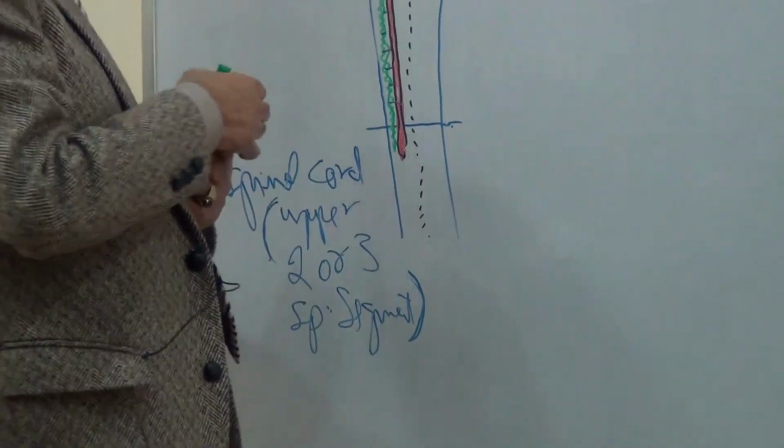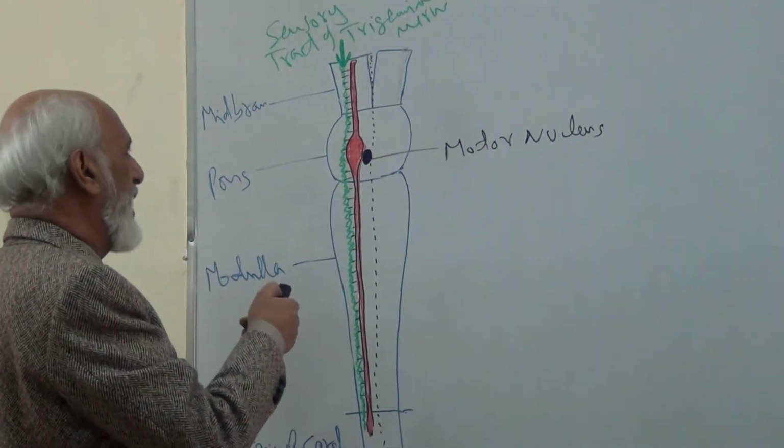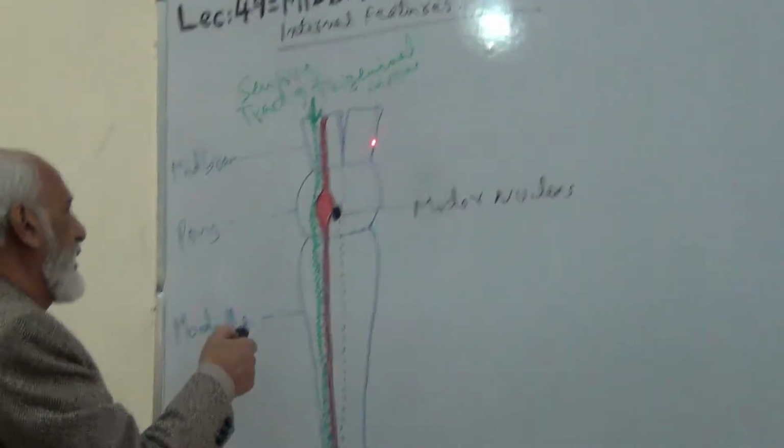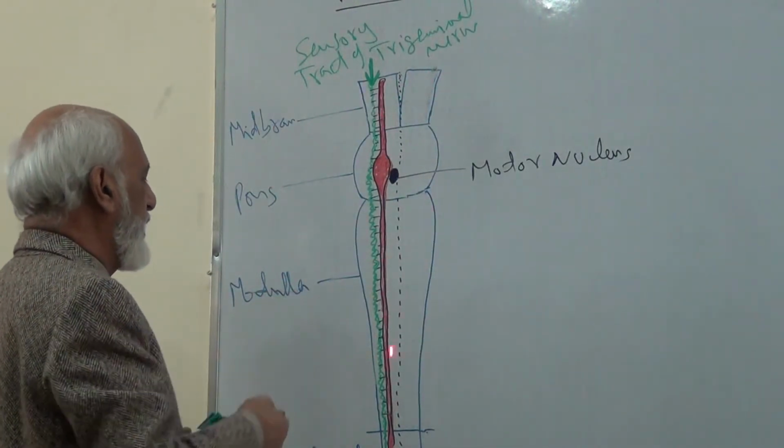Now, because the different parts of the sensory nucleus of trigeminal nerve are in different portions of the brainstem and spinal cord, they are differently named.